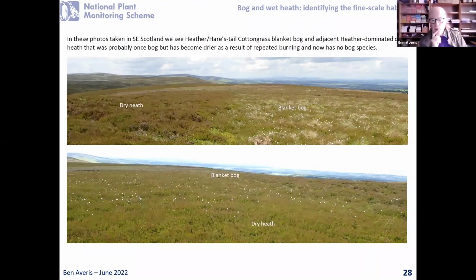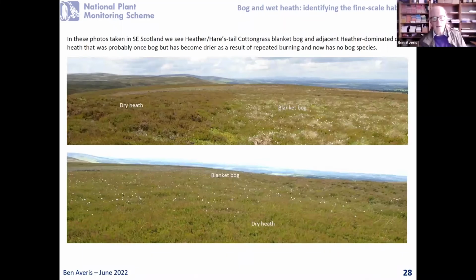So there's much more thinly scattered hare's tail cotton grass. You can see the white dots of the cottony heads growing amongst what's otherwise looking almost like pure heather. In those kinds of places, the blanket bog can grade out gradually to a heath that is a dry heath, not a wet heath. If you imagine a bog of mainly heather and hare's tail cotton grass, and maybe mosses including Sphagnum capillifolium, that doesn't have to be in bogs.